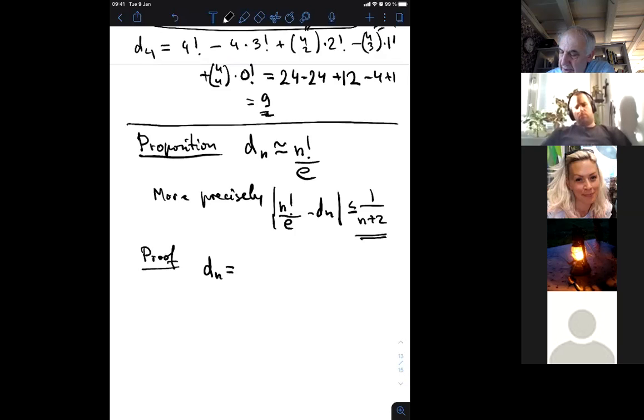dn equals the sum for i from 0 to n minus 1 of (minus 1) to the power i, n choose i, times (n minus i) factorial.